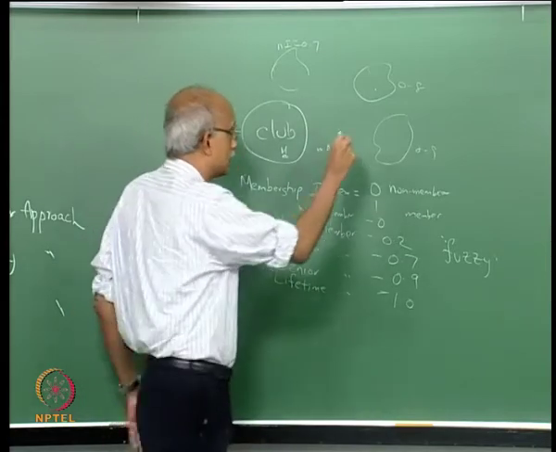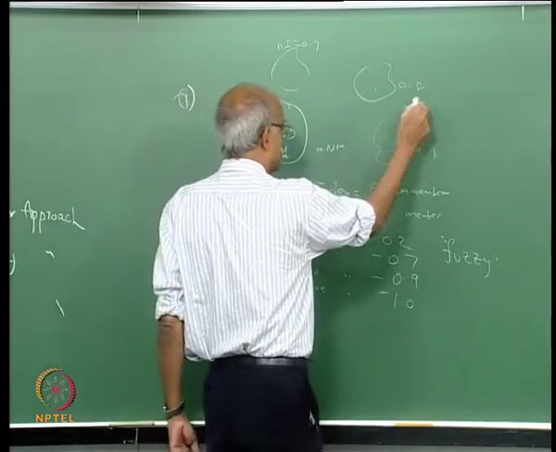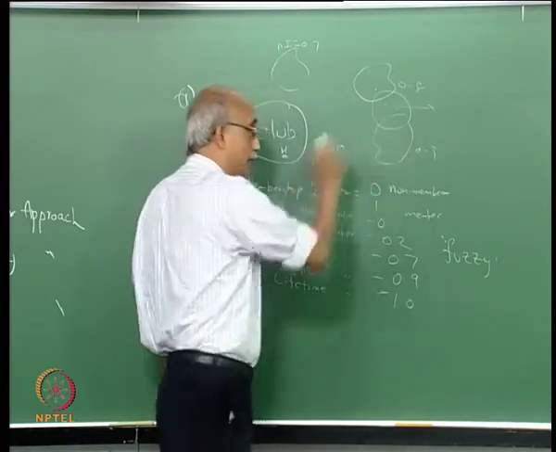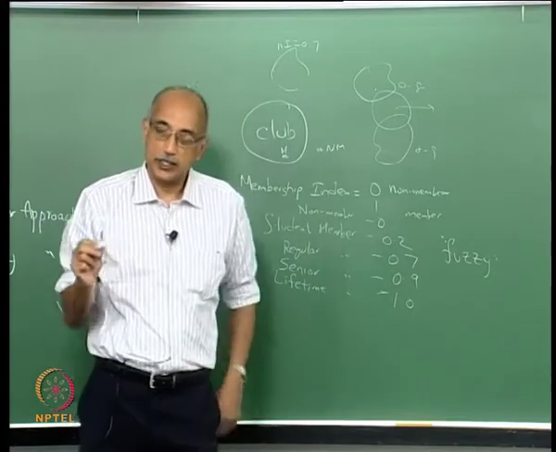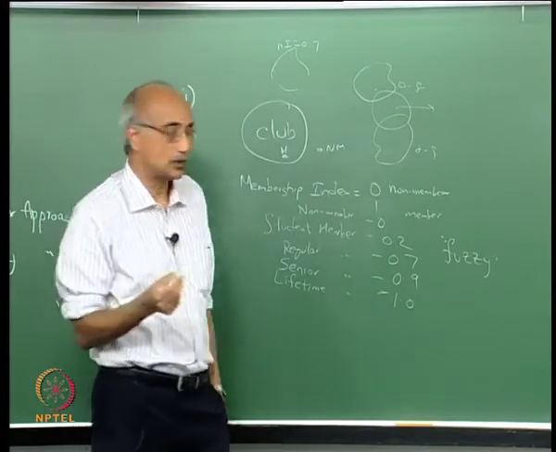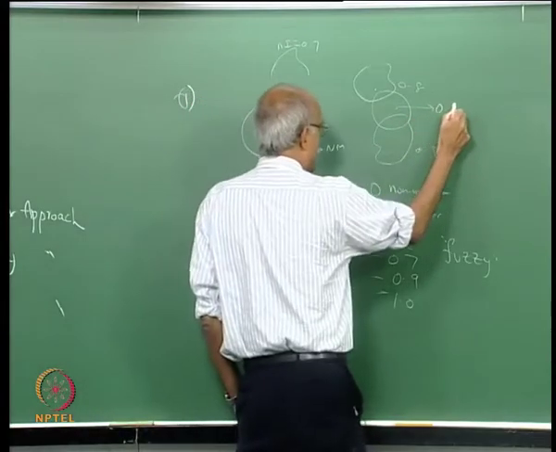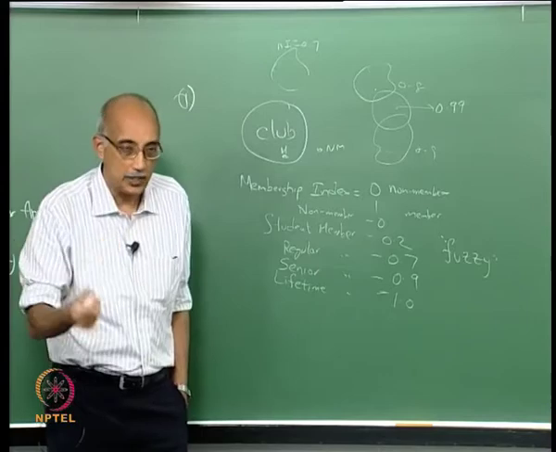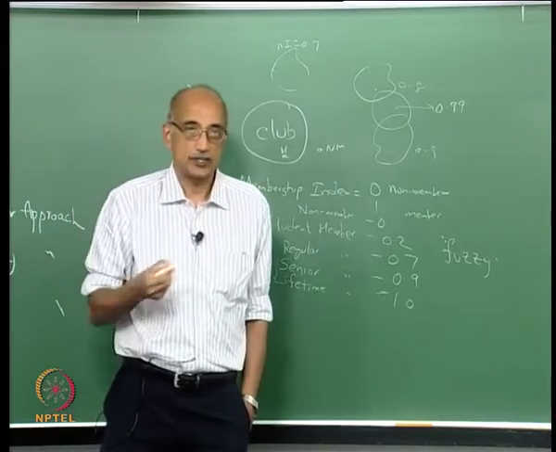So if you take the cross section of these two and you compute the membership index, it is likely to be greater than 0.9 or 0.8. So it may be as much as 0.99, let's say. And again, this can be done iteratively. It depends on where you want to stop.